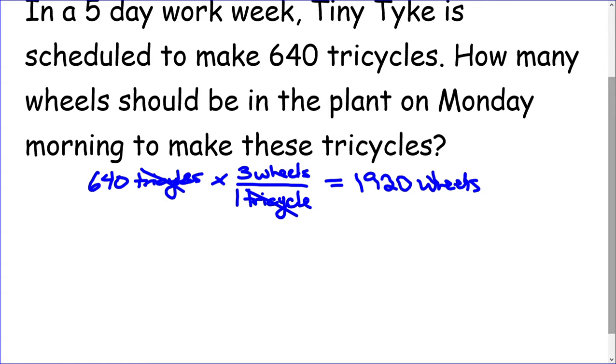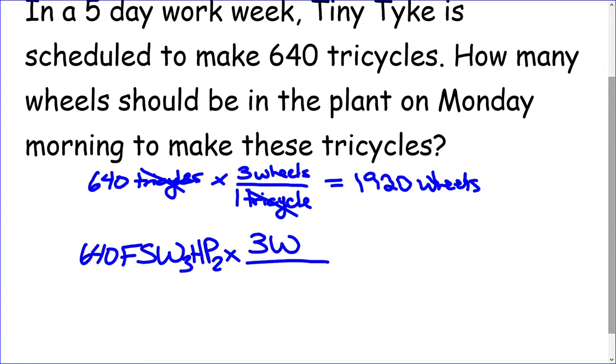Now, I could simplify this slightly, and instead of saying tricycles, we could start to use that symbol part that we had from before. So we know a tricycle, and this is going to be the exact same thing, just showing it in a little bit different way. I've got F for the frame, S for the seat, W3 for the wheels, H for the handlebars, and then I had 2 pedals. And so we know that there are 3 wheels in every one tricycle.